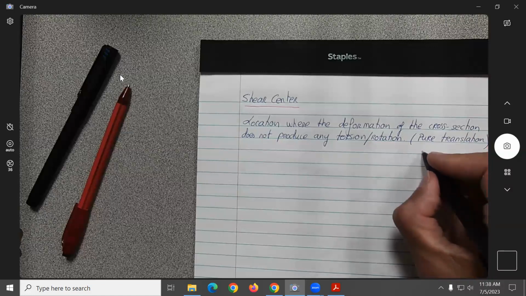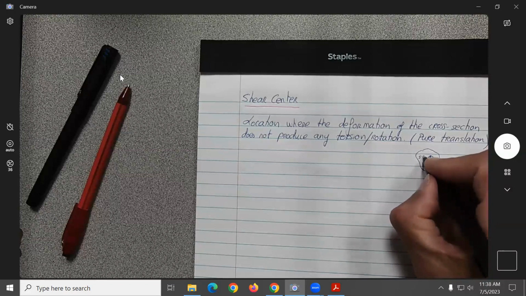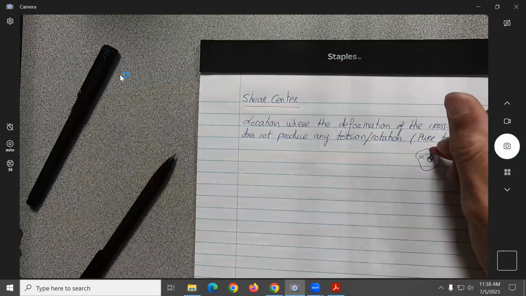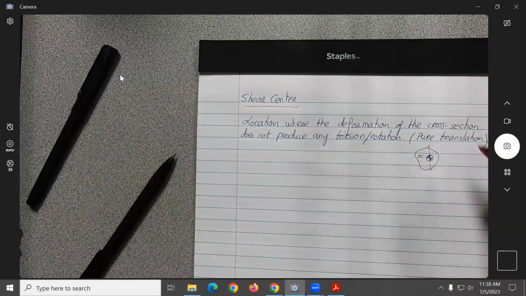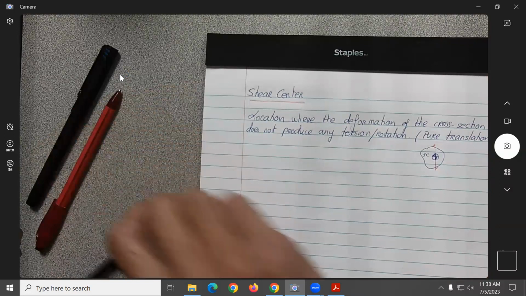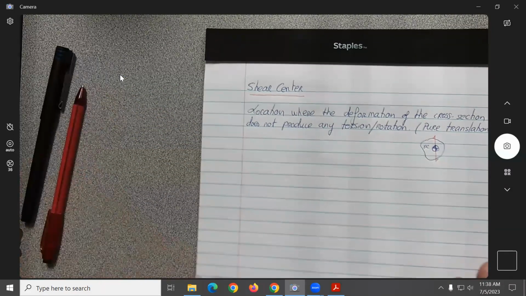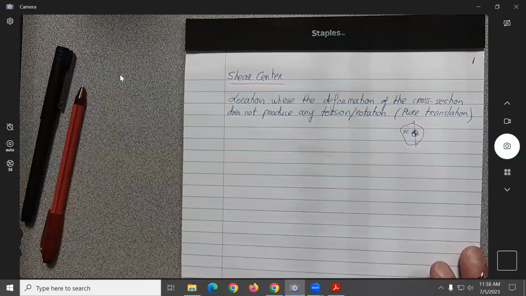So if you have a cross section this way at the shear center, this is just going to move up or down, and there will be no torsion. So basically, in order to find the shear center, like you did in structures 1, you use the shear flows, no?